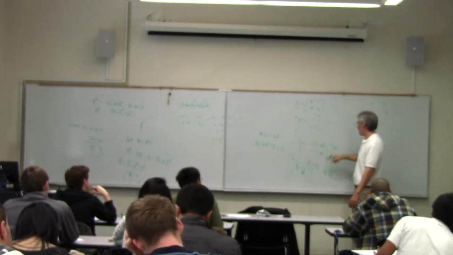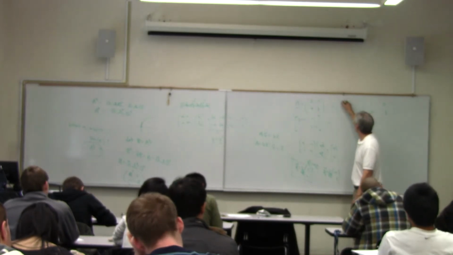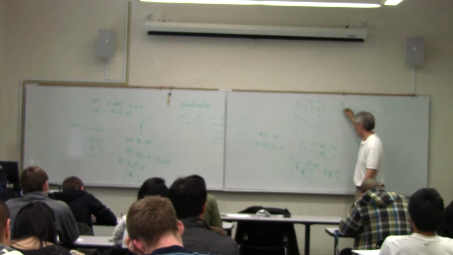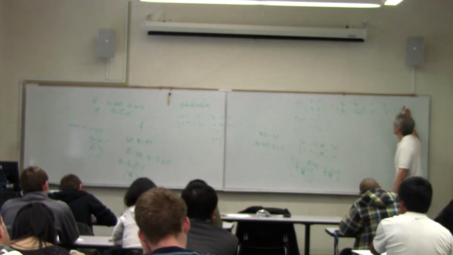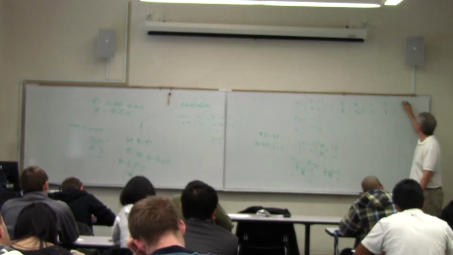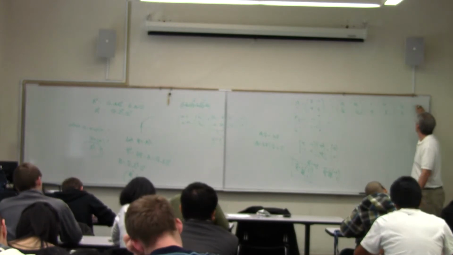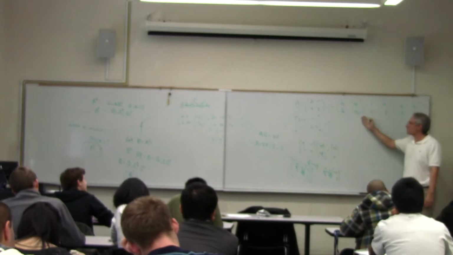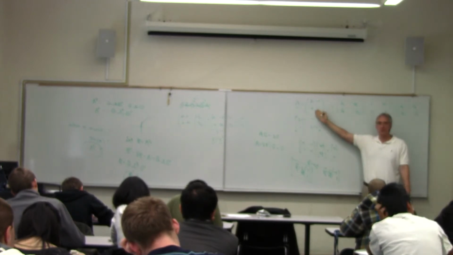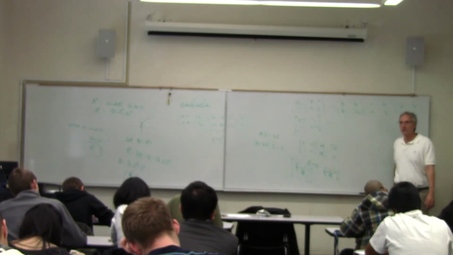My Q matrix has these as columns: 1 over square root of 2, 1 over square root of 2, and then -1 over square root of 2, 1 over square root of 2. And then my Q transpose is just the transpose of that matrix. So it just looks like this. And if you multiply these three matrices together, you should reproduce that matrix. Okay? Any questions about that?